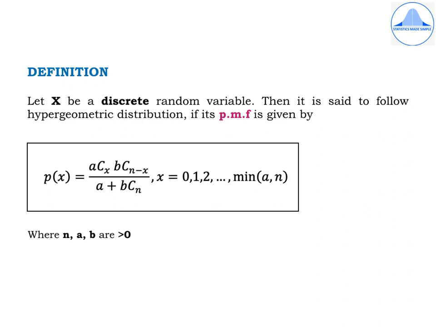And the range of x is x equal to 0, 1, 2, and so on, up to the minimum of a comma n, where n, a and b are greater than 0, which means that n, a and b are positive values.